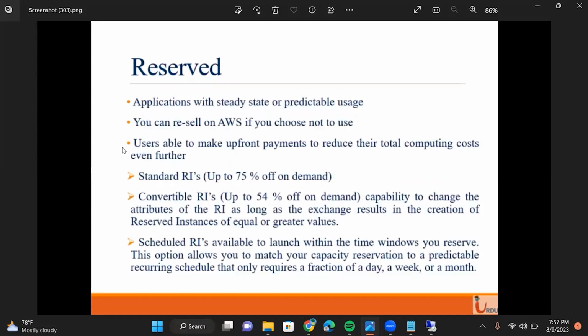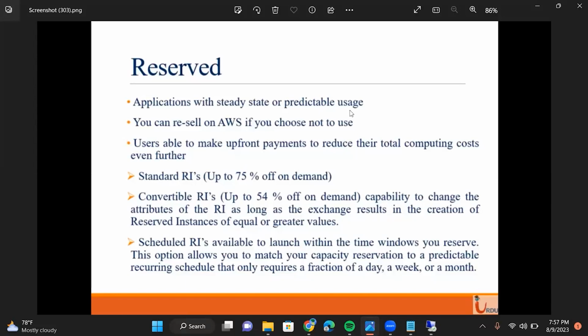Reserved: applications with steady state or predictable use. If your company is dealing with an application which runs in steady state and has predictable use, predictable use means we know that our website is visited by 10 people in a day, or maybe 100 people in a day.